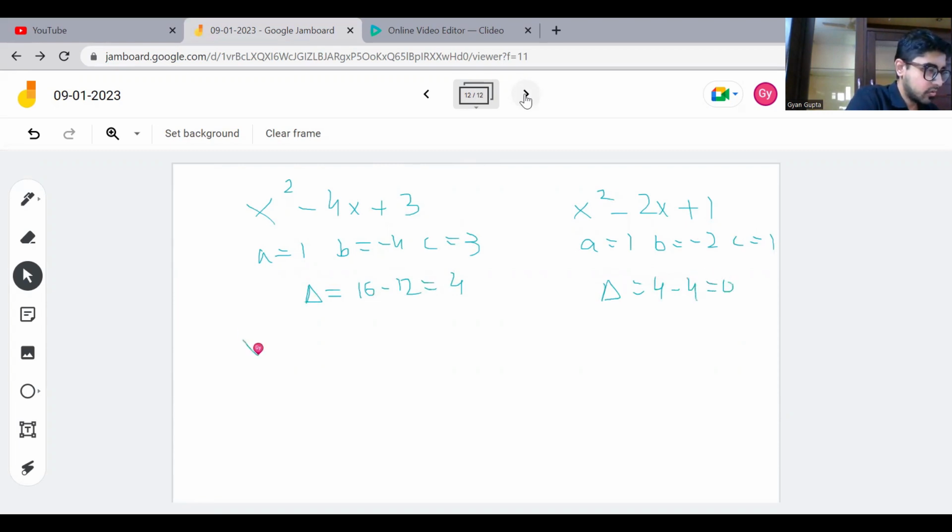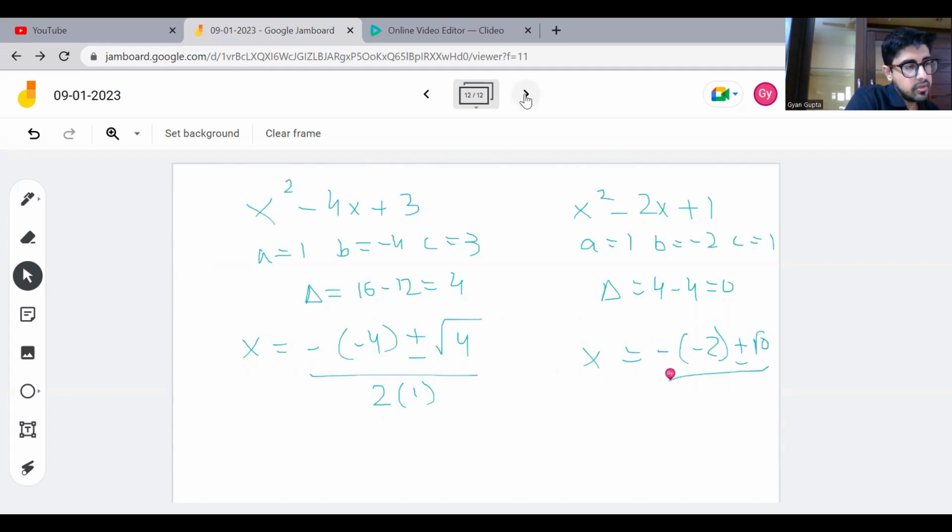So x is equal to minus of minus 4 plus or minus root of 4 by 2 into 1. And x is equal to minus of minus 2 plus or minus root of 0 by 2 into 1. This will give me 4 plus or minus 2 by 2, which is 4 plus 2, 6 by 2, 3, or 4 minus 2, 2 by 2, 1.